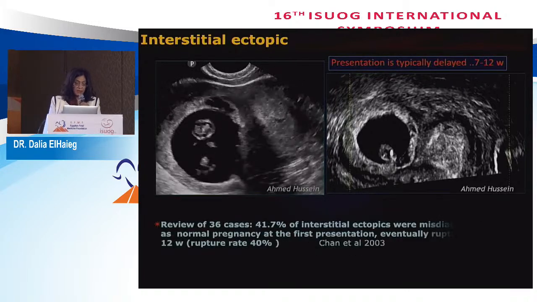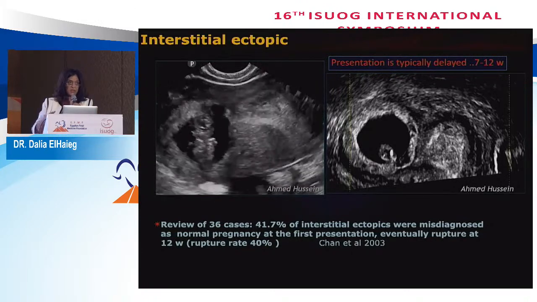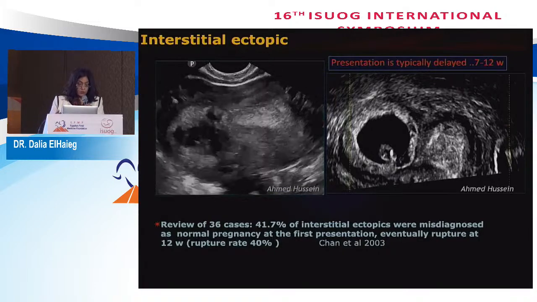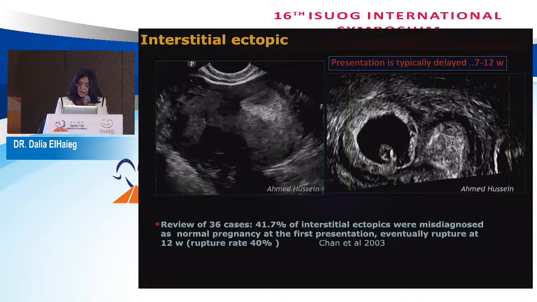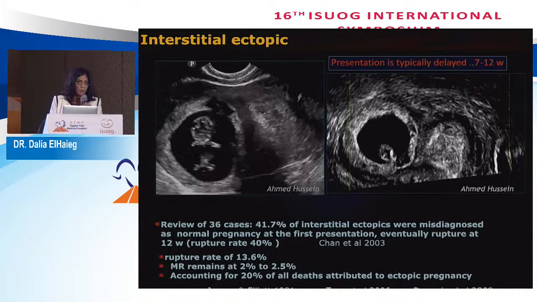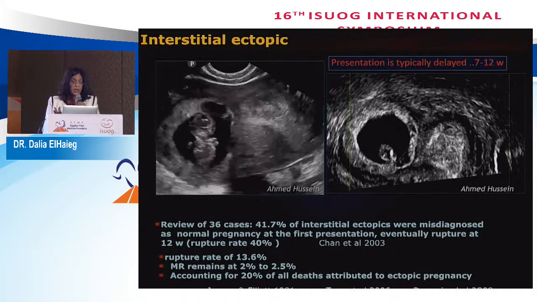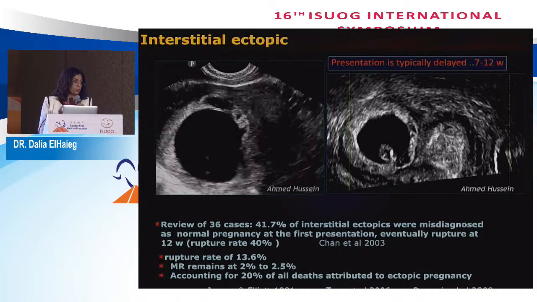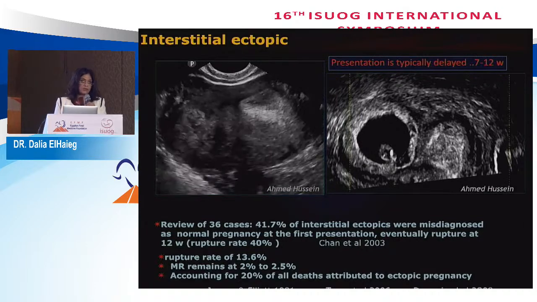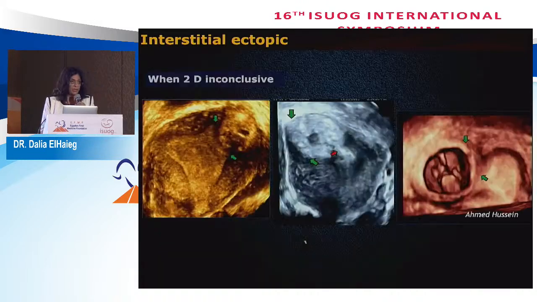In a study of 36 cases, 40% were misdiagnosed as intrauterine pregnancy, leading to rupture in 40% of the cases. Mortality is highest in this type of ectopic pregnancy because of the increased vascularity in the area; it's about 2.5% and accounts for 20% of all deaths attributed to ectopic pregnancy.